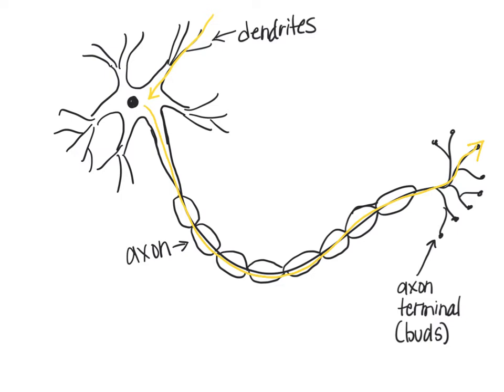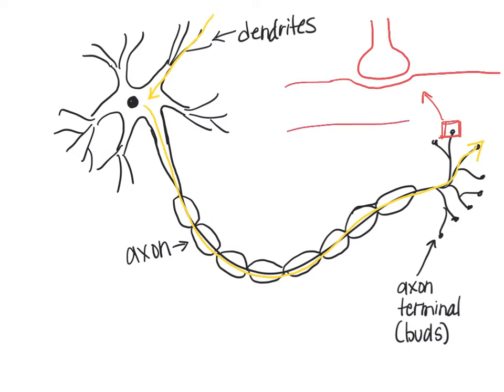So we're going to take one of these little terminal buds here, okay, and if we were to enlarge this and look at it more closely, it would look something like this. Okay, so this is the end of that terminal bud, and it's going to come in contact with a muscle fiber here.